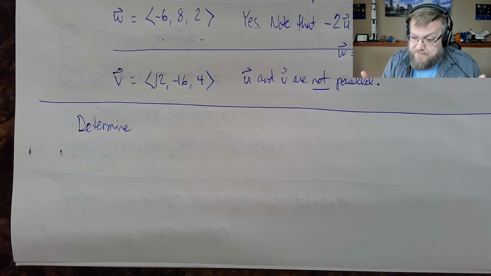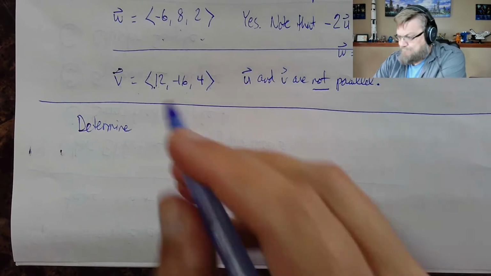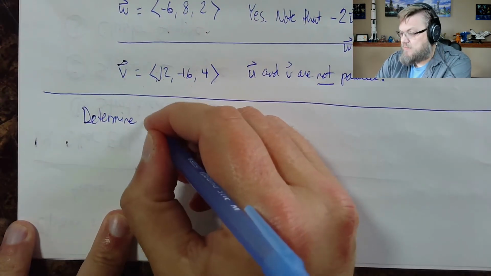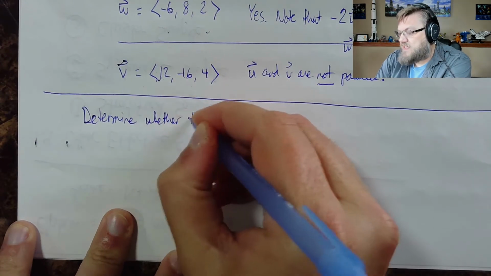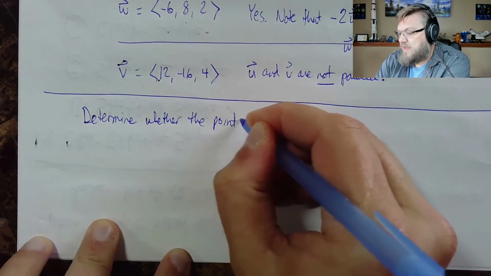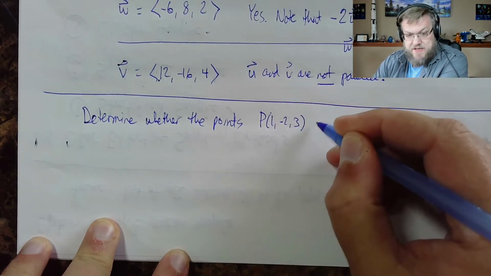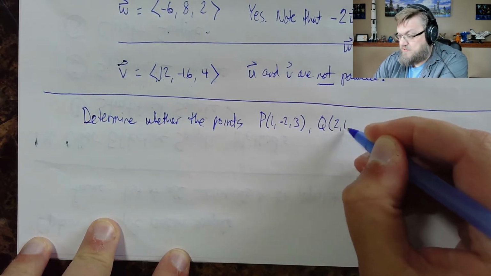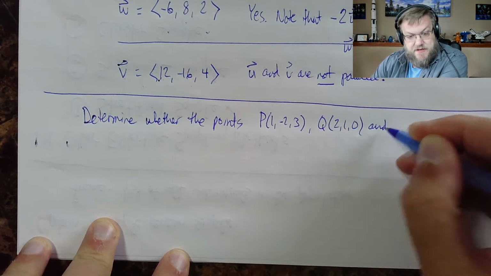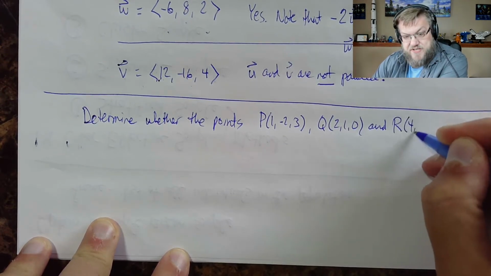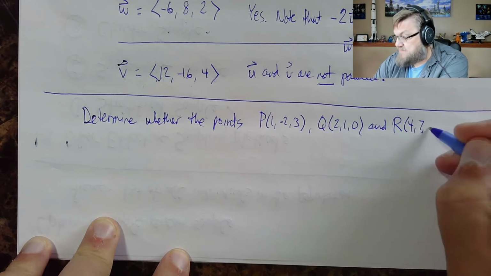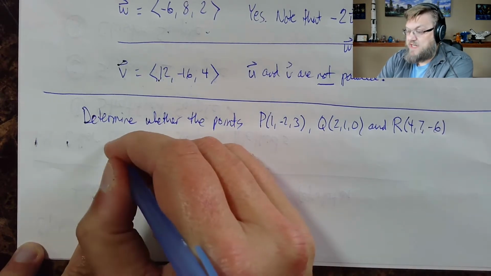Do they live on the same straight line? So we're asking here, determine whether the points P(1, -2, 3), Q(2, 1, 0), and R(4, 7, -6) are collinear.